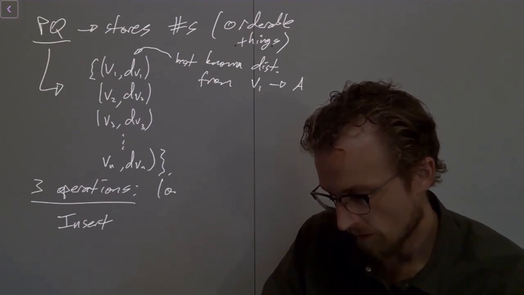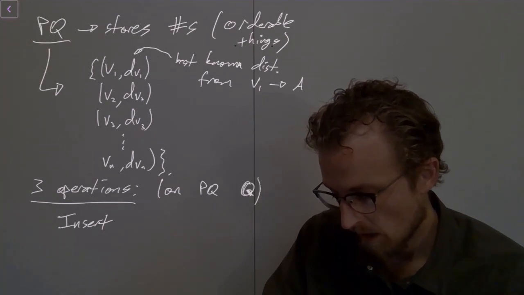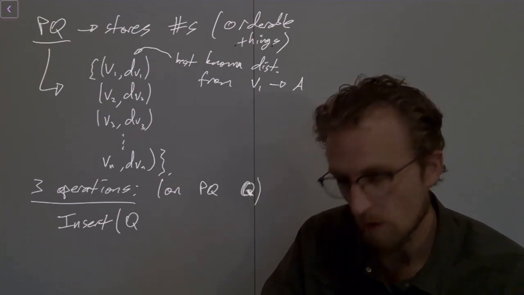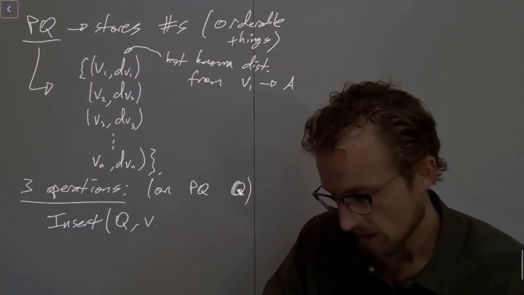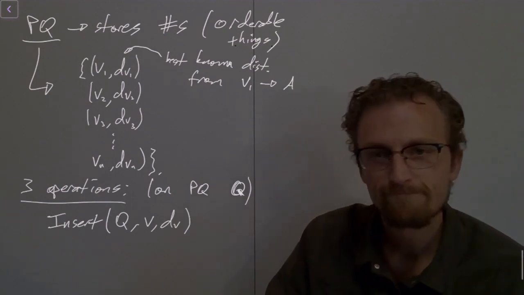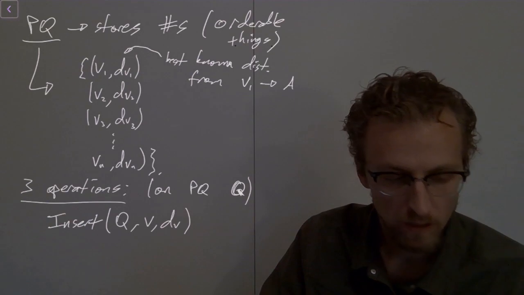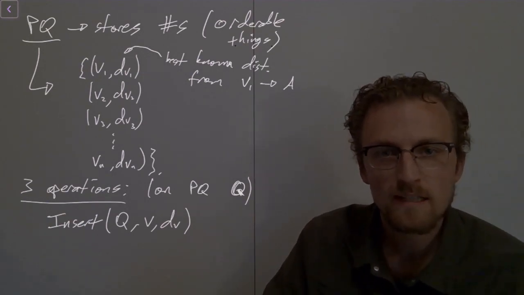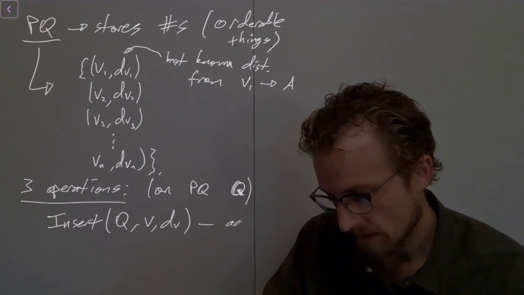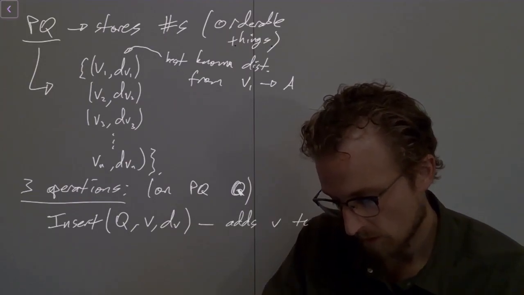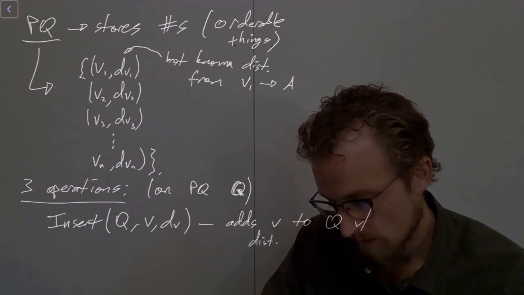On a priority queue named queue, I can insert a vertex v and a weight dv. This adds vertex v to the priority queue and assigns it the distance dv. It adds v to queue with distance dv.